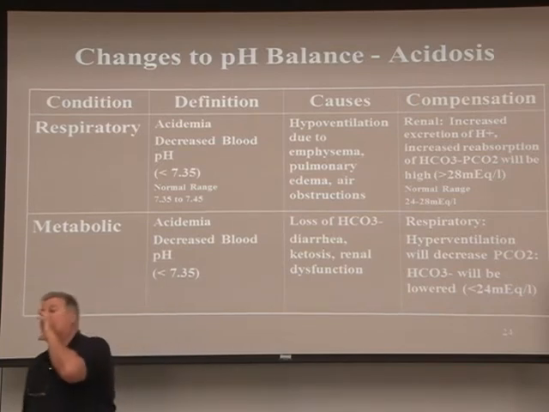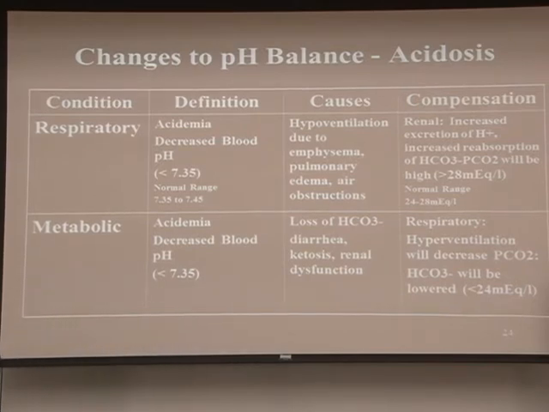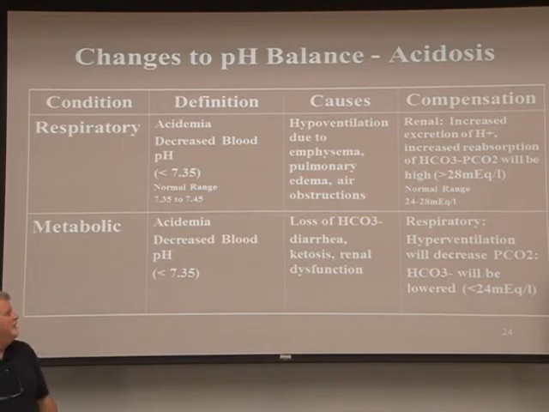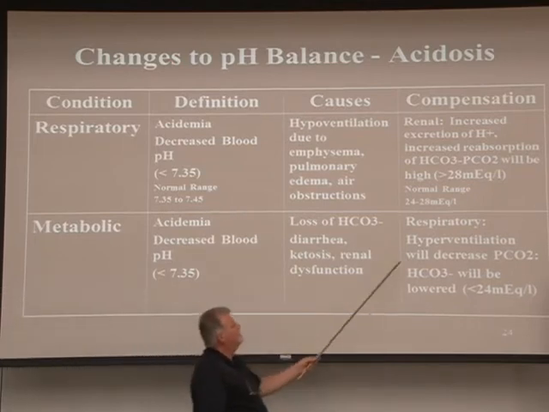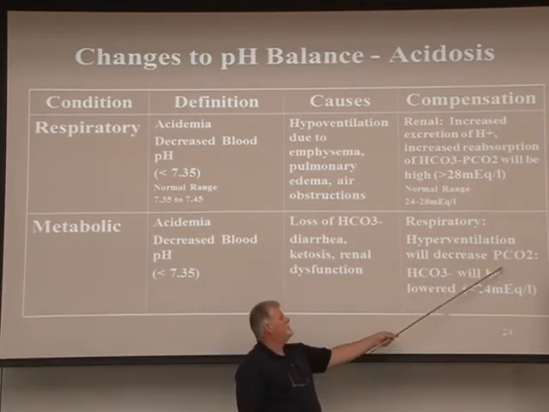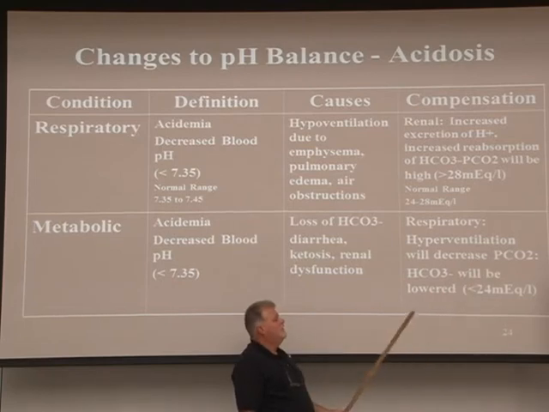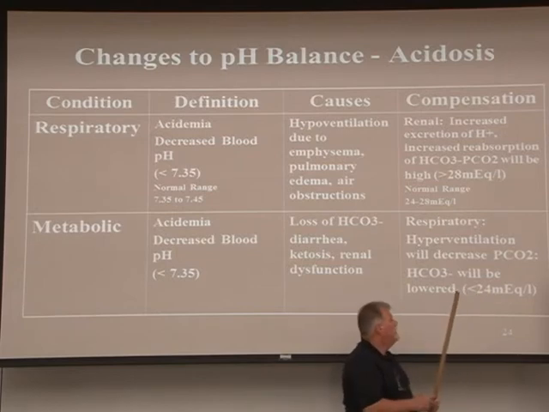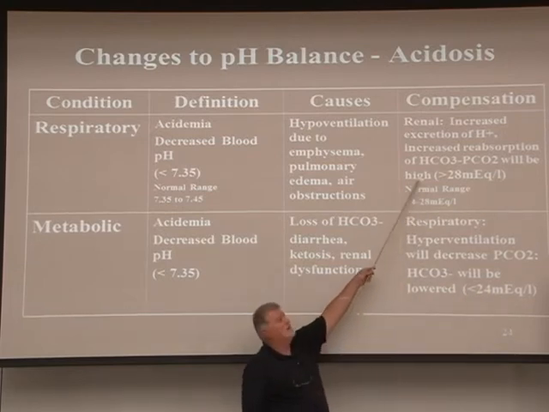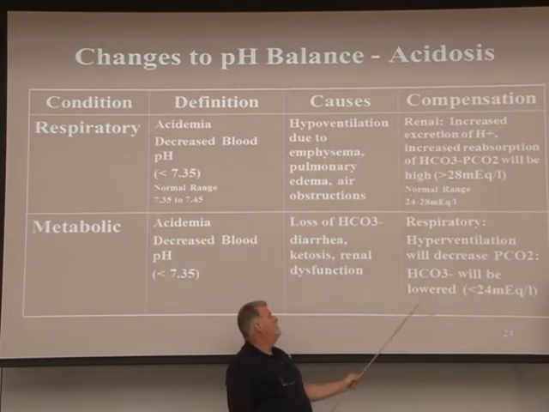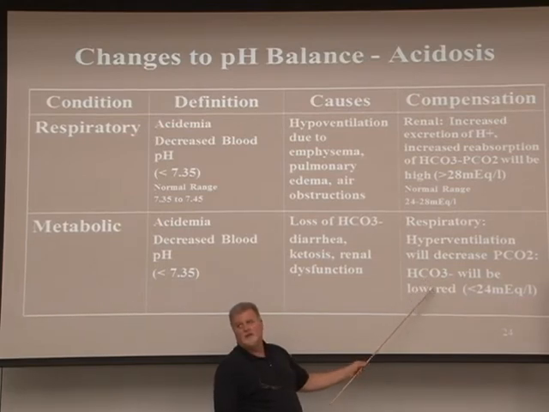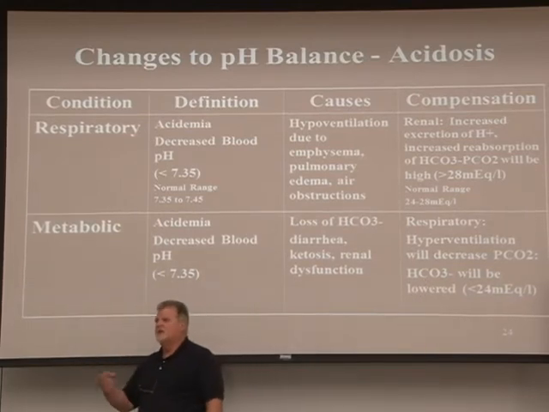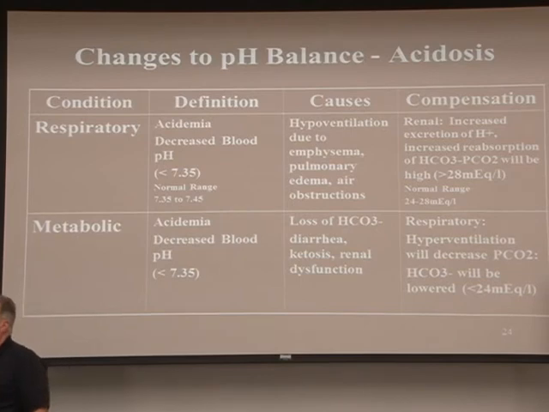And we don't want to put that bag over the mouth because we want them to get that carbon dioxide out. So what that would do then is it would decrease our partial pressure of carbon dioxide. But because a lot of our carbon dioxide is carried by bicarbonate, instead of having high bicarbonate levels in our blood up here like we have, we're going to now have low bicarbonate levels in our blood because our lungs are giving off all the carbon dioxide.